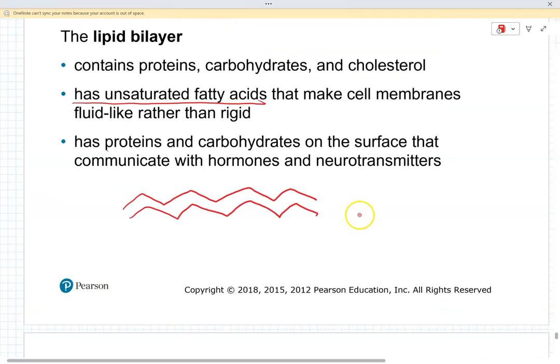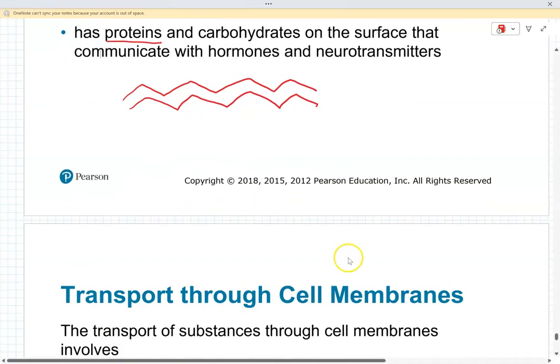Now, why do we want proteins? Proteins, first of all, can serve as the transport molecules and also as receptors. They can communicate with other molecules or even cells. Okay?